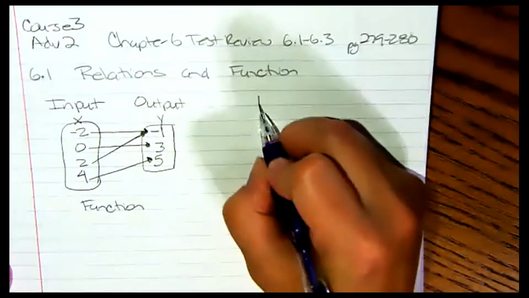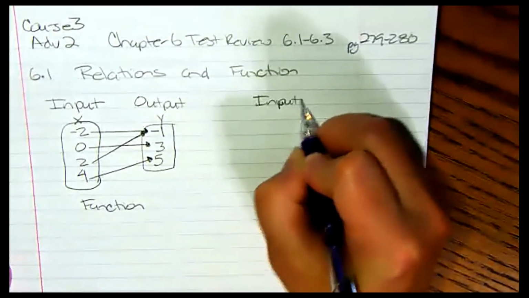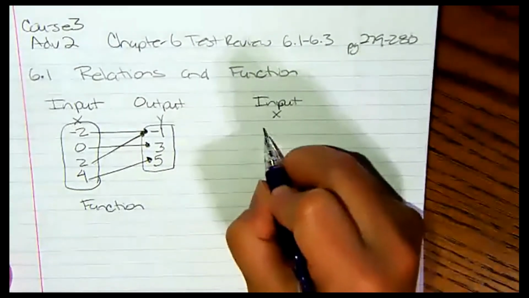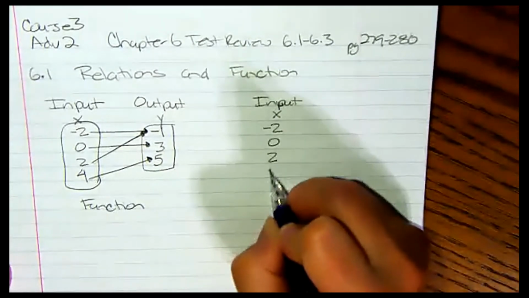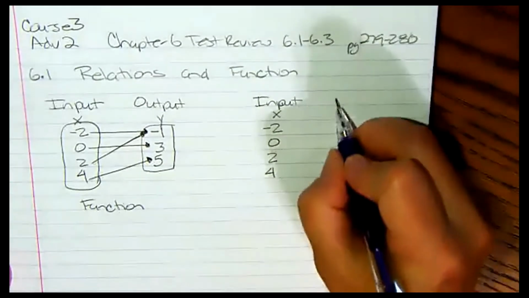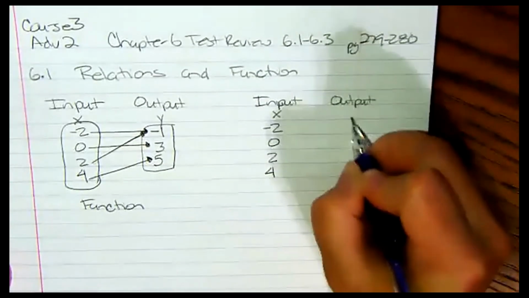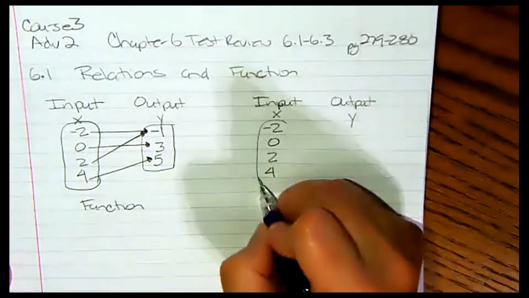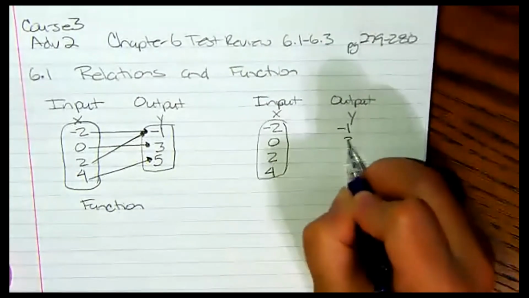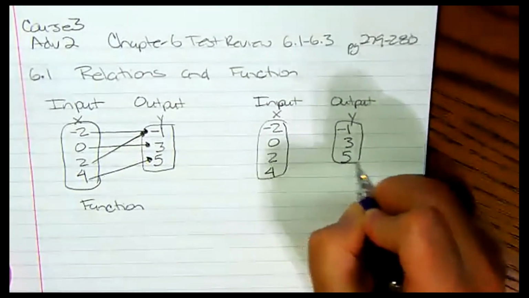Let's take a look at another one. Input, which is x: -2, 0, 2, and 4. Output, which is y: we still have -1, 3, and 5.